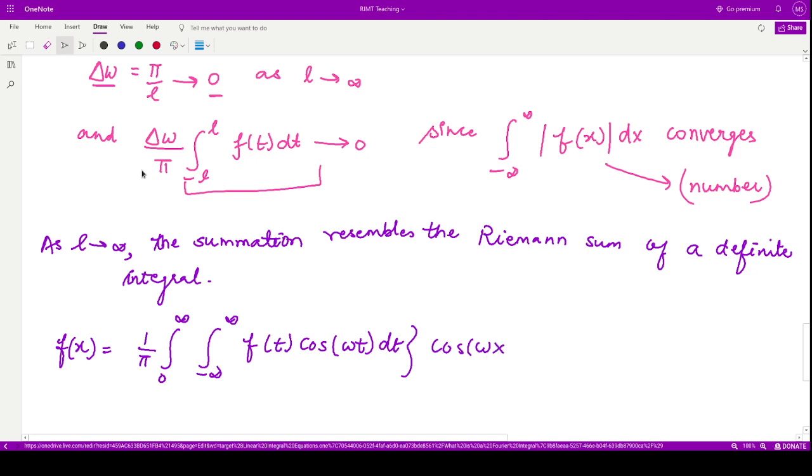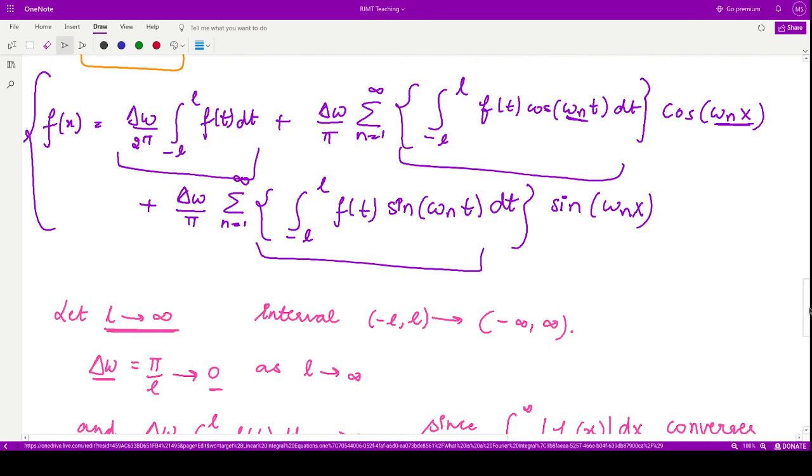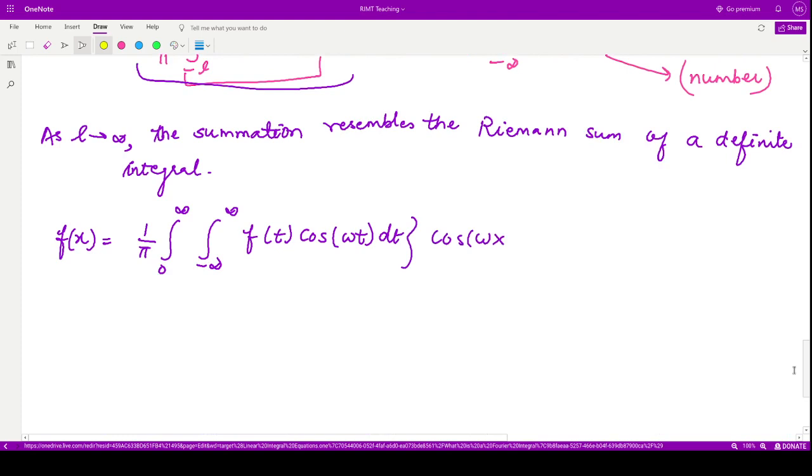So now if this term is going to 0, that means if you look at your expression here, this first term won't be present in the expression. So we have this term which I am writing now, and this term over here, right?